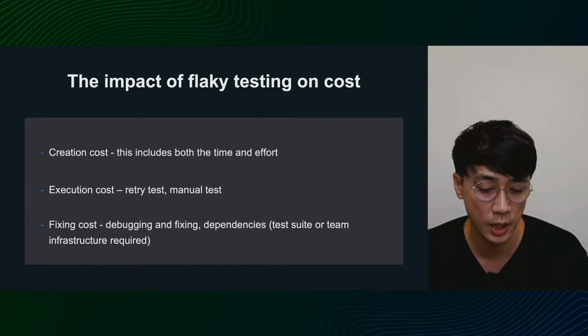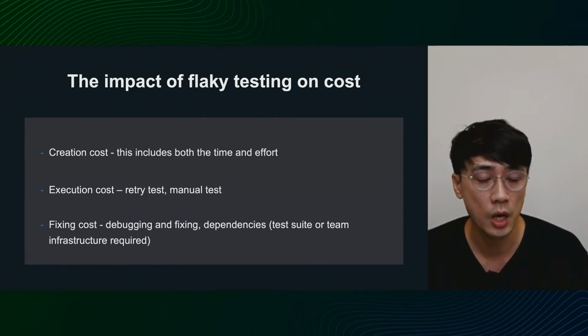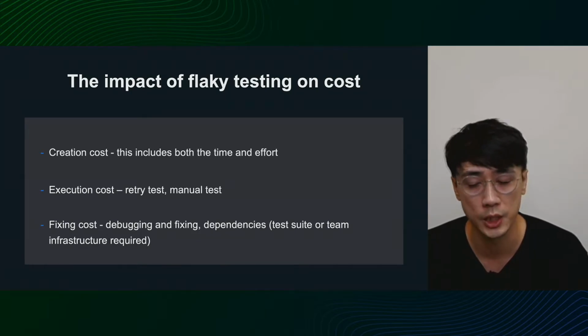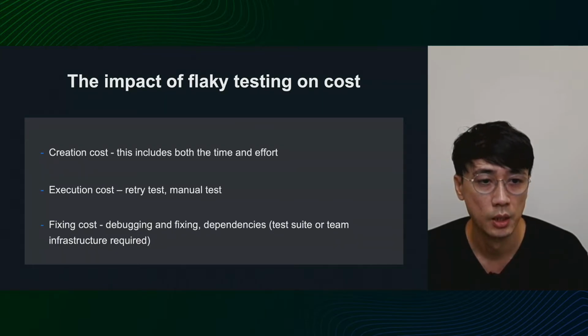Next, execution time. When you encounter a flaky case, you will retry the test again and again. And you may also test manually again to double check the test result. And the same with the automation script. They both waste a lot of time and cost.